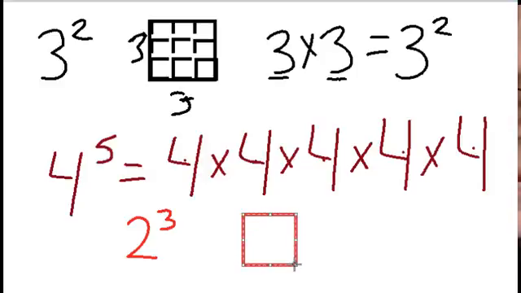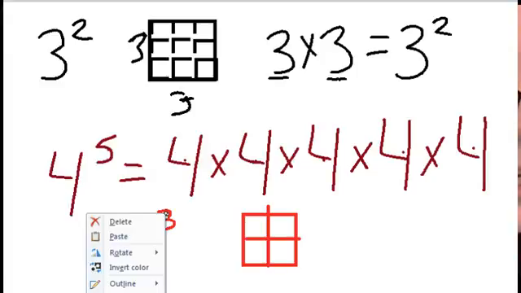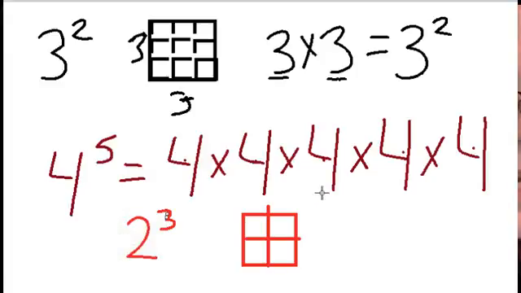There you go. And there you have your square, and each side is 2 down, so there's 4 boxes in total. But because it is to the 3rd power, or cubed, the shape you will get from this looks more like this.